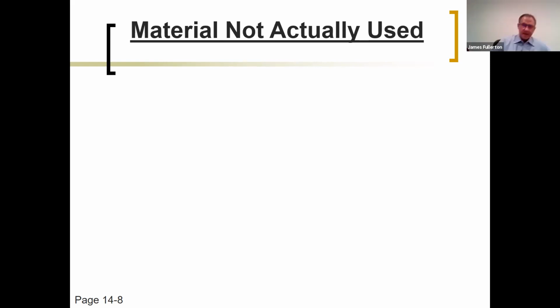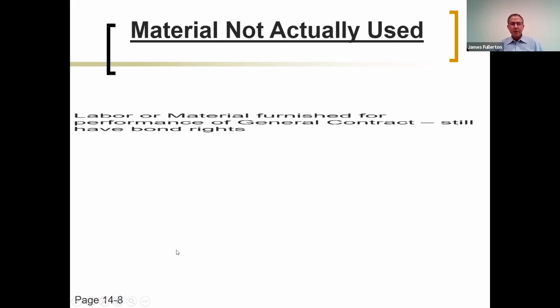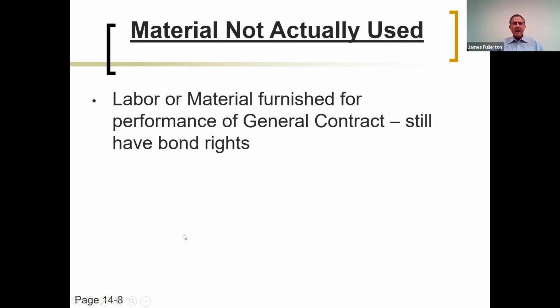So again, the off-site precast concrete manufacturer or some other manufacturer or supplier, you may be building things custom for a particular project, and you may be performing just as much work as an on-site contractor, but you can still have a problem collecting, getting paid if you have not delivered that product to the project. Okay, labor or material furnished for performance of the general contract, you have bond rights.